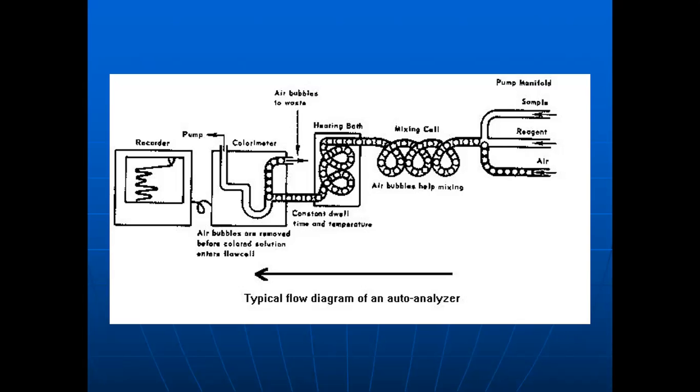Due to this, the complete reaction happens, and then colorimetric readings are taken. The air bubbles go out as waste, the pump removes the other elements, and the air bubbles are removed before the colored solution is measured. Whenever the air bubbles are removed and the colored substance is collected, it is recorded in the recorder.